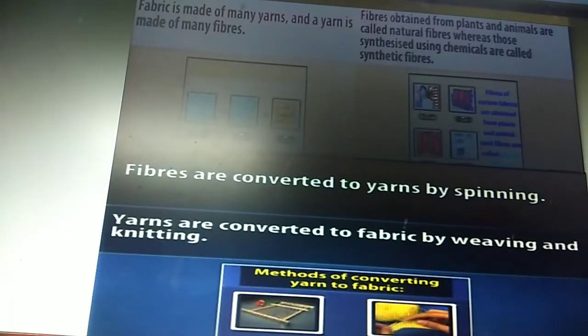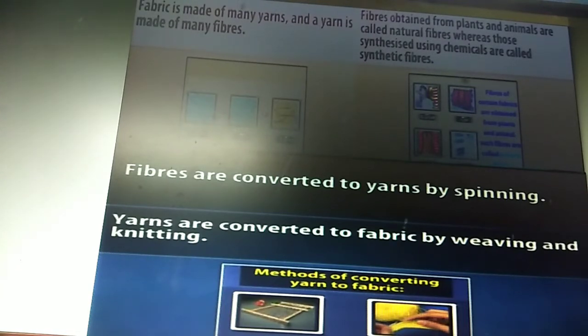Now next, fabric is made of yarns, and yarn is made of many fibers, as we have seen in this picture. Fibers obtained from plants and animals are called natural fibers, whereas those synthesized using chemicals are called synthetic fibers.